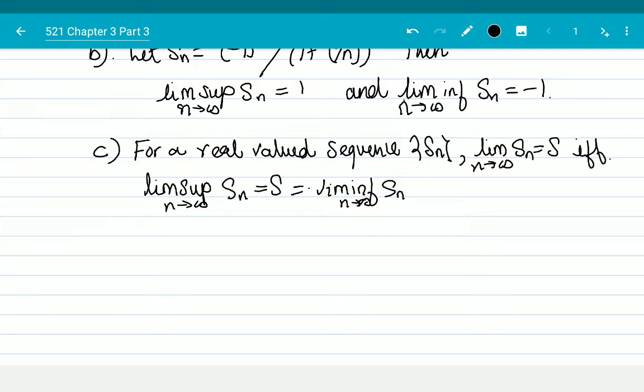If a sequence has the lim sup as well as lim inf as S, then that is the only number it converges to, so the entire sequence converges to S.